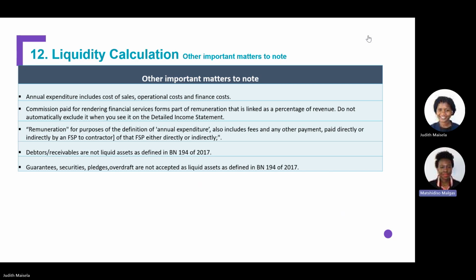And also guarantees, securities, pledges, and overdrafts are not accepted as liquid assets as defined in Board Notice 194 of 2017. These should not be included there as they are credit facilities and are not considered to be liquid assets.